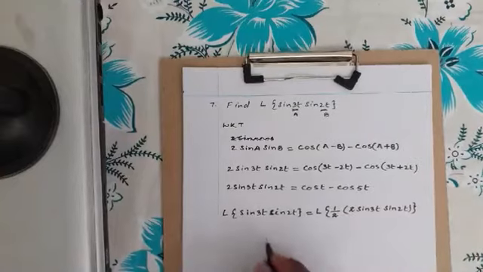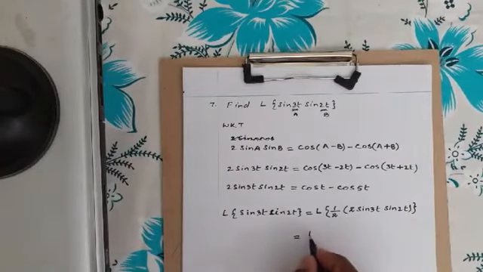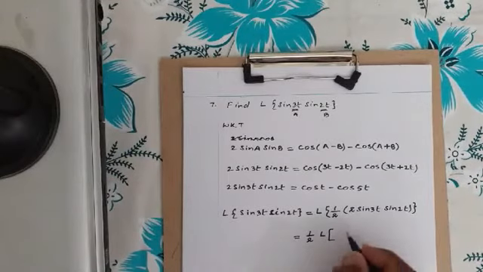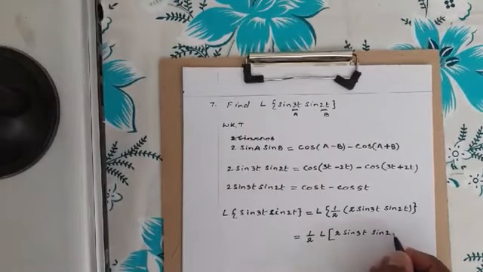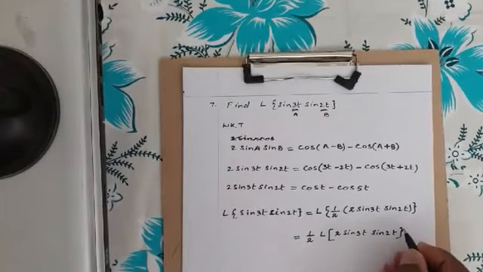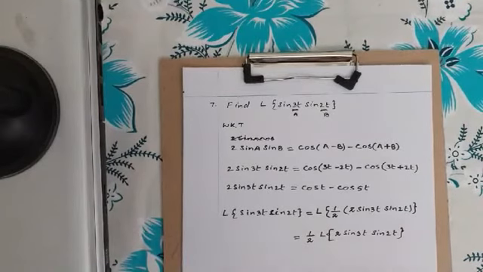Now I can take that 1 by 2 outside. So this becomes 1 by 2 Laplace of 2 sine 3t sine 2t.